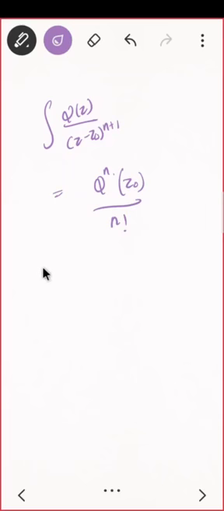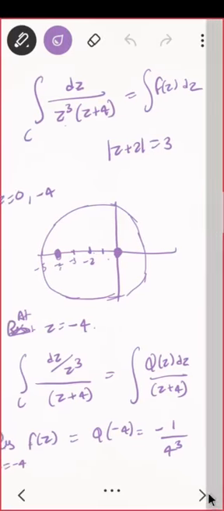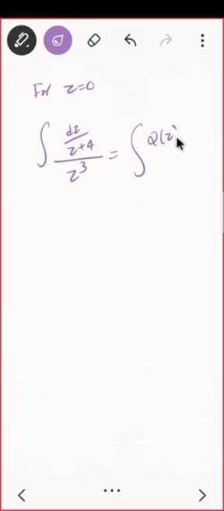So in the second case, for z equal to 0, you again have to write your function properly. For z equal to 0, what is the function? You have to write it as integral dz upon z plus 4, the whole upon z cube, correct? So this is again of the form phi of z dz upon z cube.